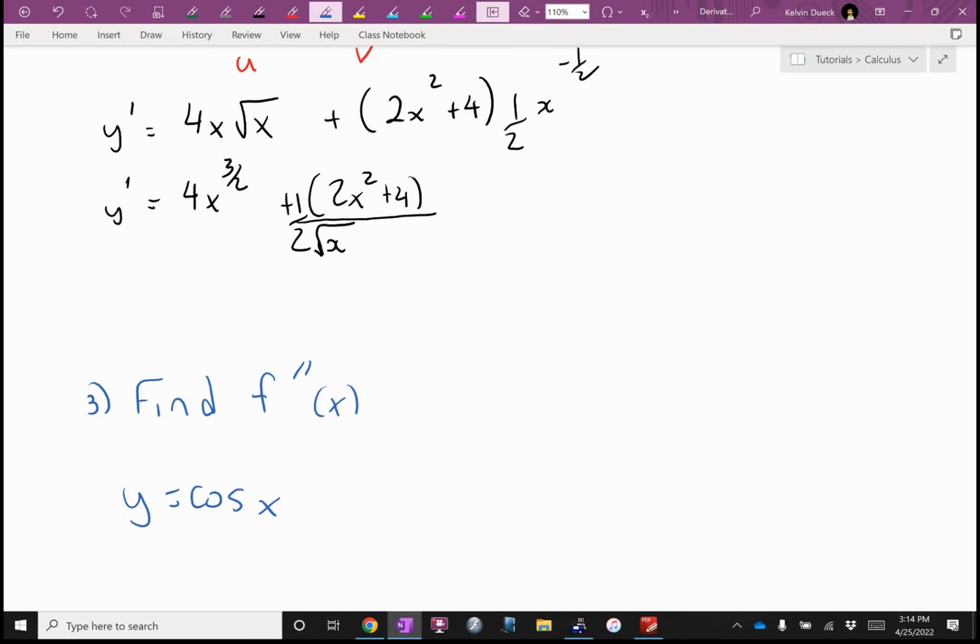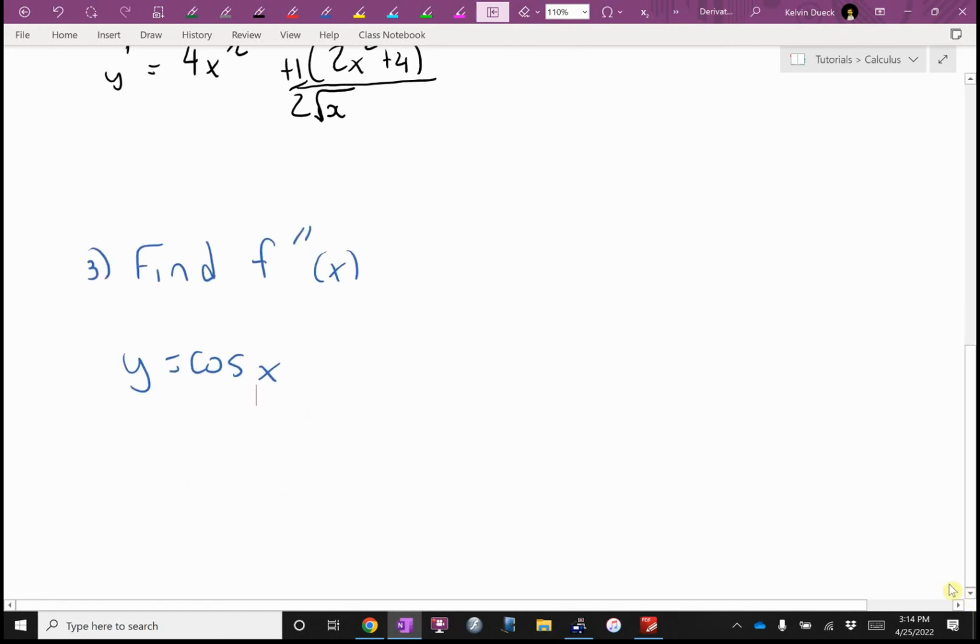Okay. What is the first derivative of y equals cos x? Now you should either know this or you should be looking at your formula sheet. I'm sure it's on your formula sheet. The first derivative would be negative sine x. What's the second derivative then?